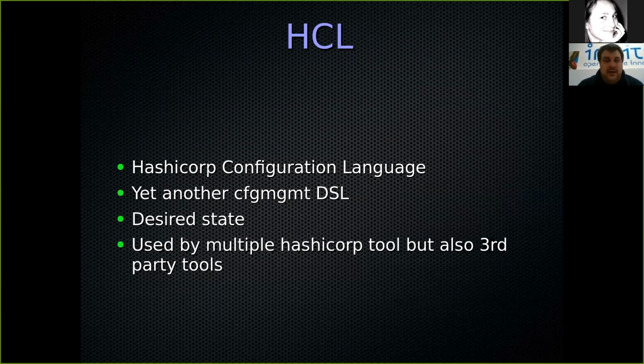It uses a desired state so that you can describe things in a simple way. So when you do a run, you can always reach that desired state, or the tool will try to reach the desired state. The HashiCorp HCL language is used in several other tools other than Terraform.